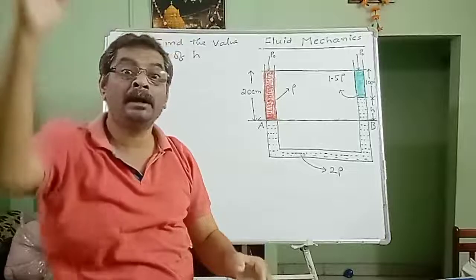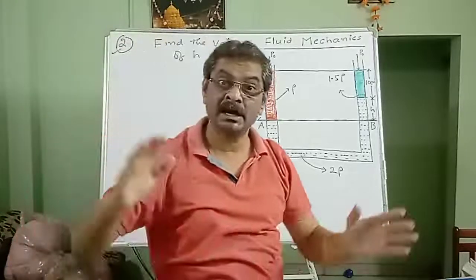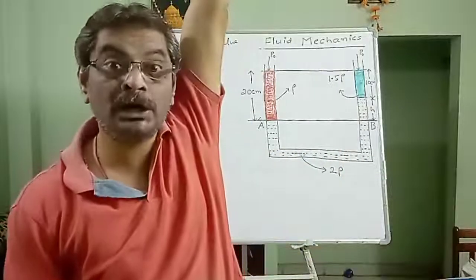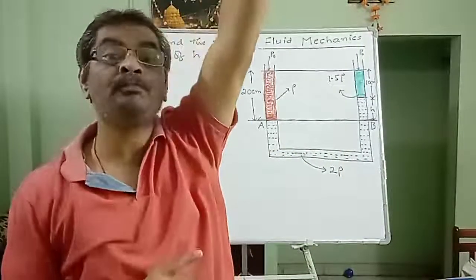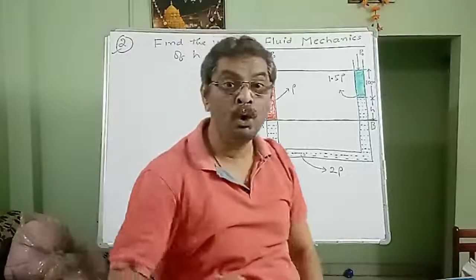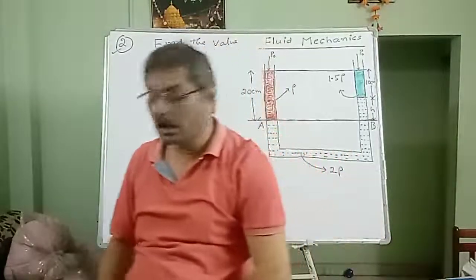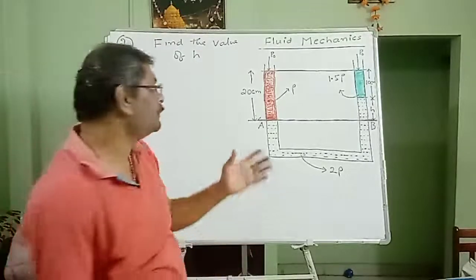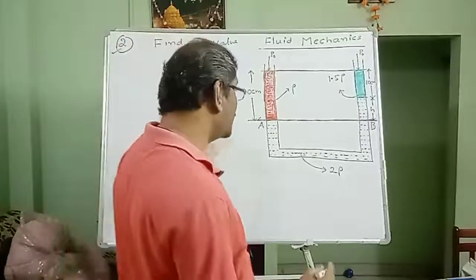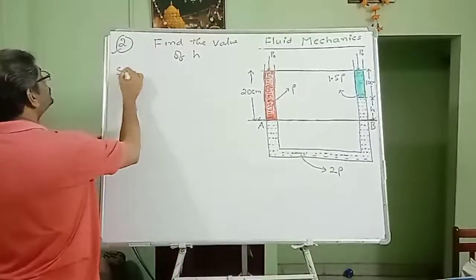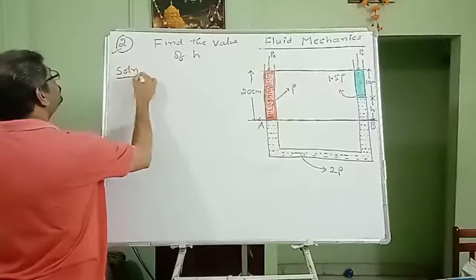we can equate the pressures at point A and B. You already know the total pressure at point A will be numerically equal to the total pressure at point B. So what I will do is equate the pressures at point A and point B. Let us see what we get.